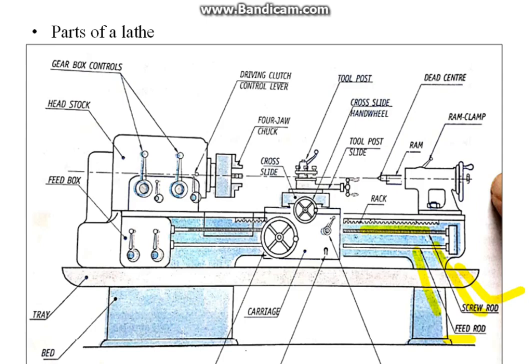It is a long shaft that gives automatic feed to the carriage for various operations, namely turning, facing, boring, etc., except thread cutting operation. These are the important parts of the lathe machine.